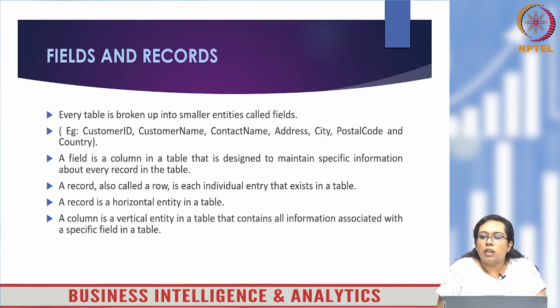Henceforth we will refer to rows and columns as fields and records. A field is a column in a table that is designed to maintain specific information about every record in the table. What is a record? A record is nothing but a row, which determines the individual entry that exists in a table. A record is a horizontal entity and a column or a field is a vertical entity.